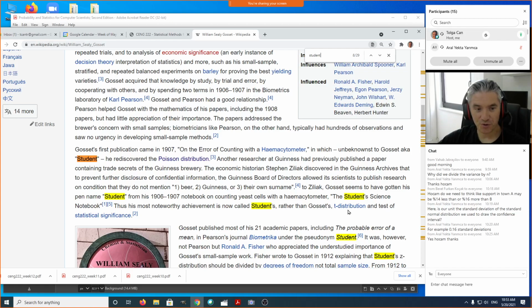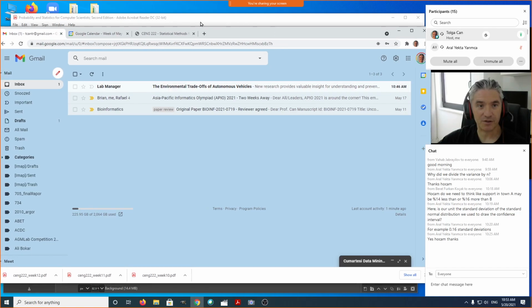He also has other achievements besides this t distribution. He worked with Pearson, who is also a very important statistician.